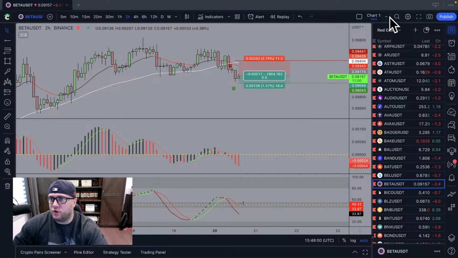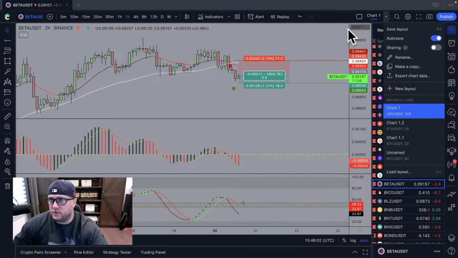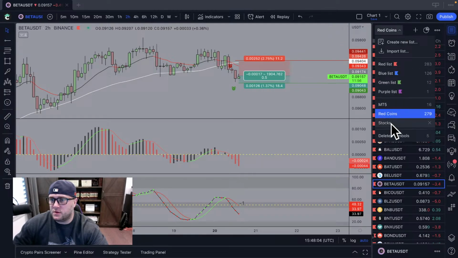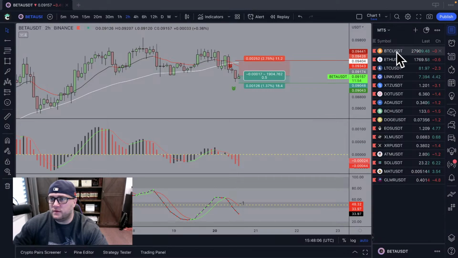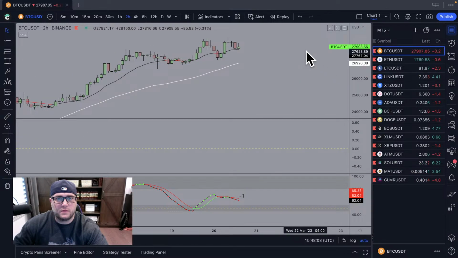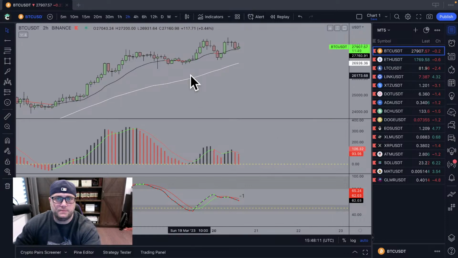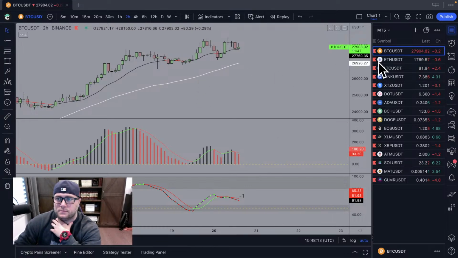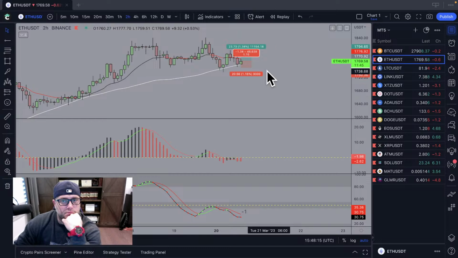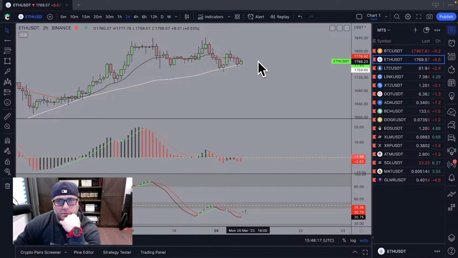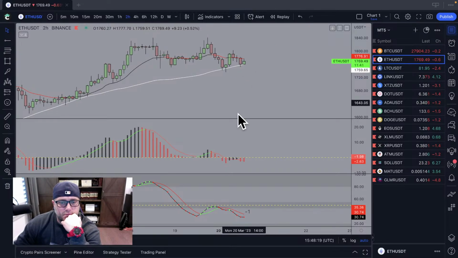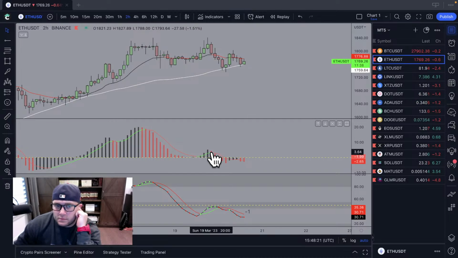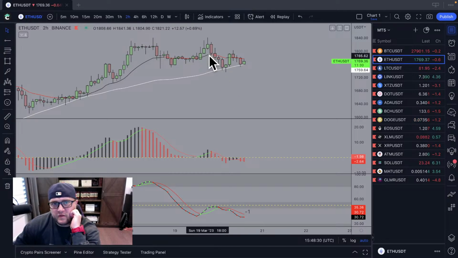Beta still holding strong for us. Let's go look at the MT5 coins. Fully in gold.